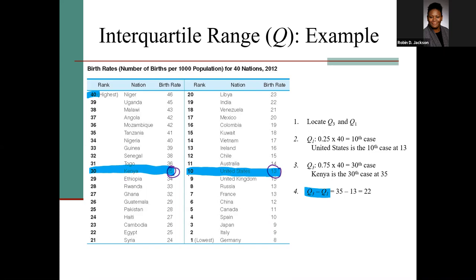I do not take the 10, I do not take the 30. That's just the case that corresponds to the score we want. So I take the score for Q3 and the score for Q1, and I do the subtraction. I subtract 13 from 35, and I get 22. So I know that the interquartile range for this data set is 22.